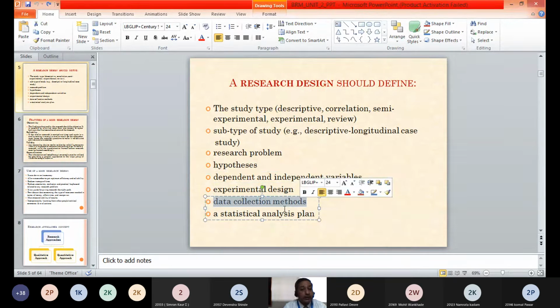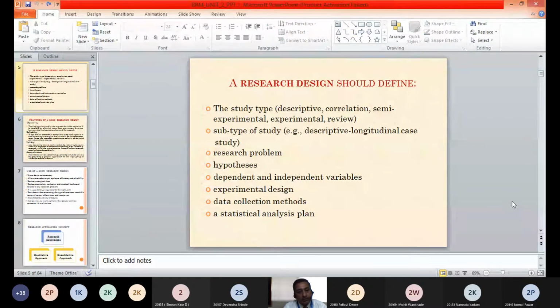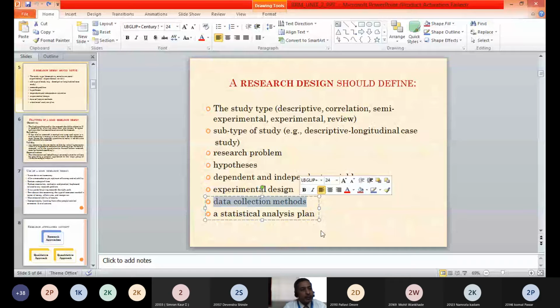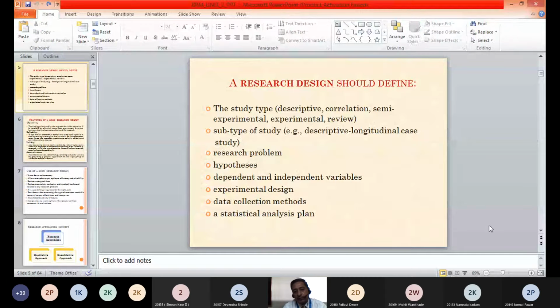Then data collection methods. What are the different data collection methods the researcher will be using in that particular research? The data collection may be primary data collection or secondary data collection. So all those data collection methods also need to be specified in the research design. And a statistical analysis plan, how that data will be analyzed.